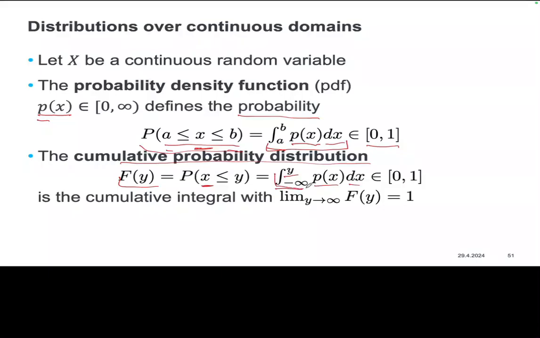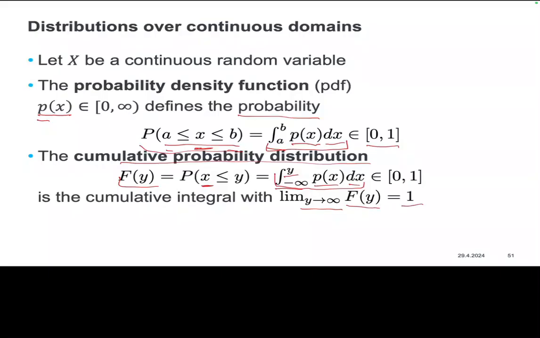And this is nothing else than a particular interval, the interval that is limited by y on the upper side. And of course, as y goes to plus infinity, F of y goes against 1.